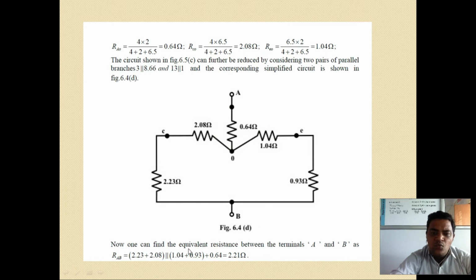So the equivalent resistance between terminals AB, R of AB, is equal to 2.23 plus 2.08 in parallel with 1.04, that is 1.04 plus 0.93 plus 0.64 ohm, which gives 2.21 ohm. So the equivalent resistance we have calculated is 2.21 ohm.